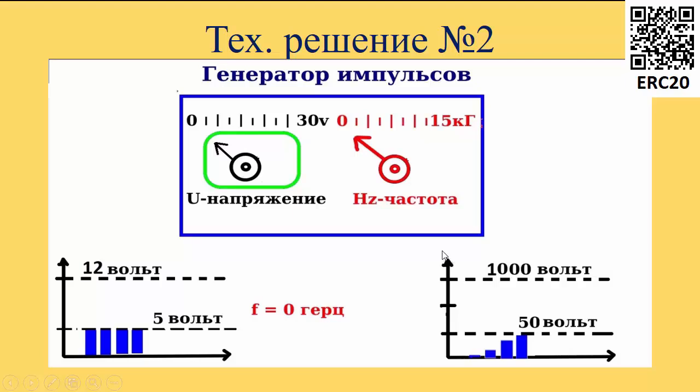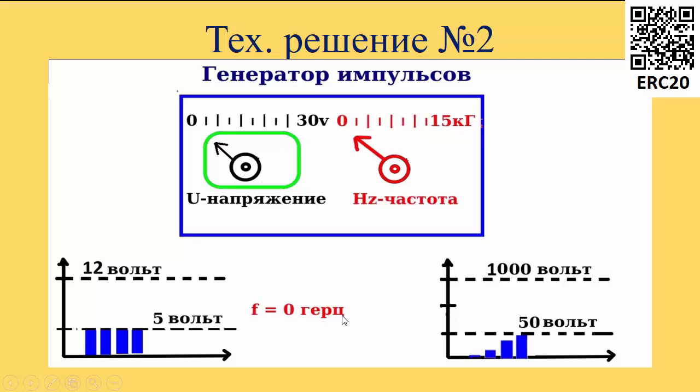This is the initial stage where we turn on our installation and set the voltage equal to 5 volts. And we see that at the output we get 50 volts to the Meyer cells. This voltage is enough. The setting was made at a frequency of 0 Hz.